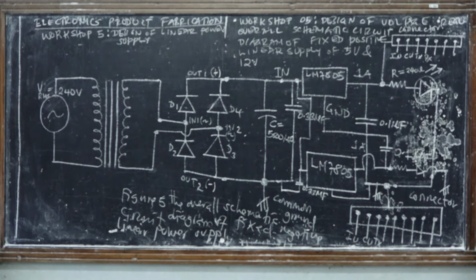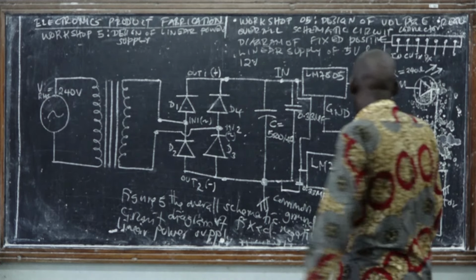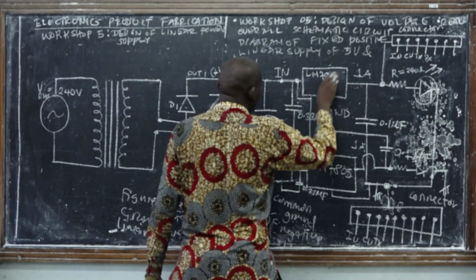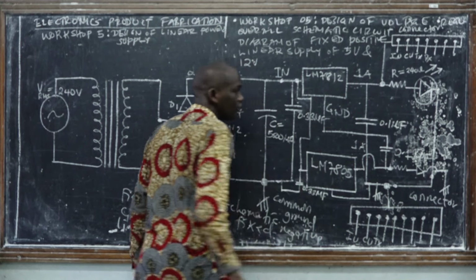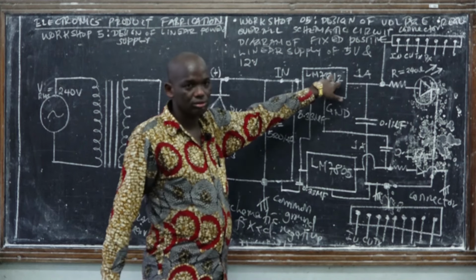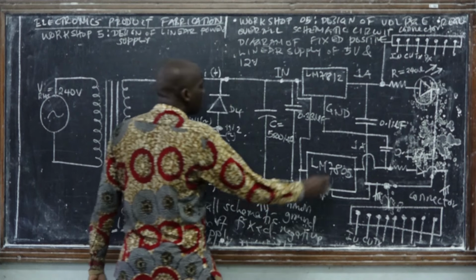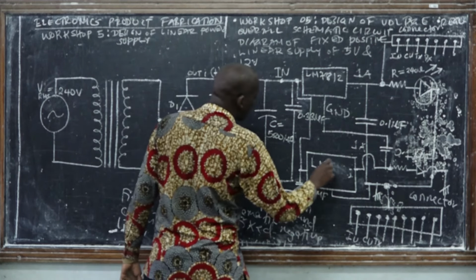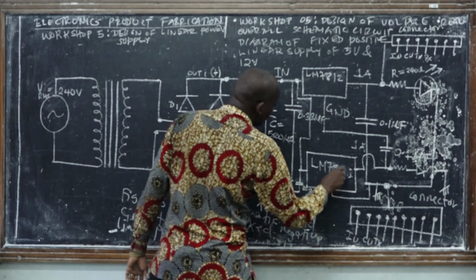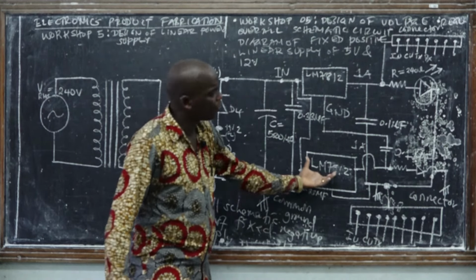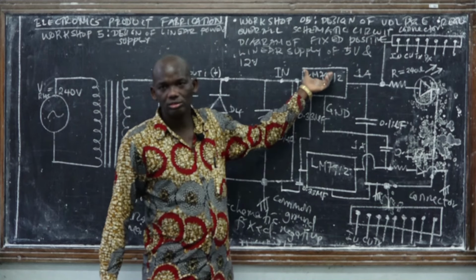For instance, you want to design the one that we are using in the lab. It's simple. Here you'll have LM7812. This will give you positive 12 volt. Clean? Clean. Then for this one you'll be using a voltage regulator LM7912. So this one will give you negative voltage. So you have negative voltage and positive voltage.